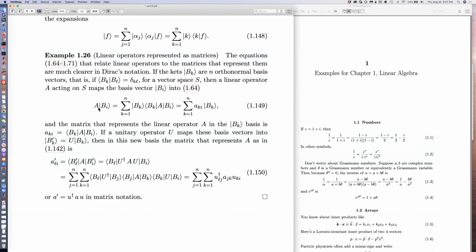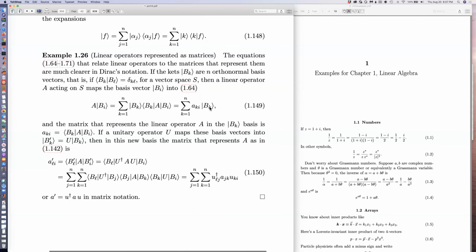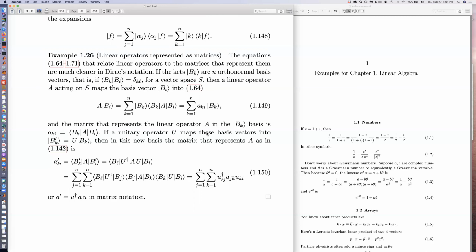So we now have that any linear operator on any orthonormal basis vector is a sum over the orthonormal basis vectors multiplied by coefficients, and the coefficients are like this. So the matrix that represents the linear operator A in this particular basis is this bracket, namely bra b_k, operator A, and ket b_i.